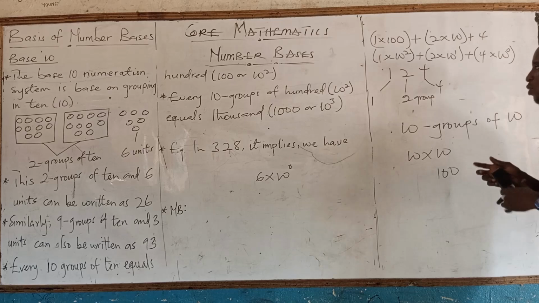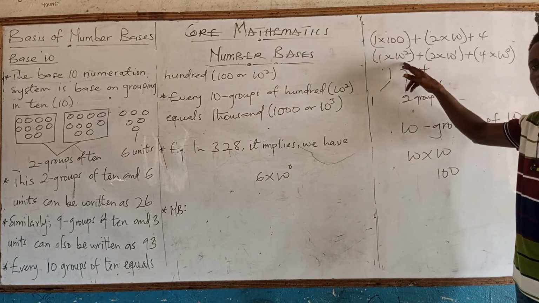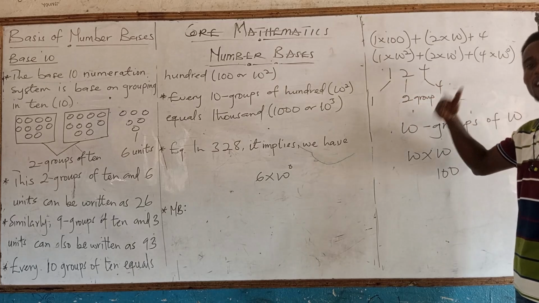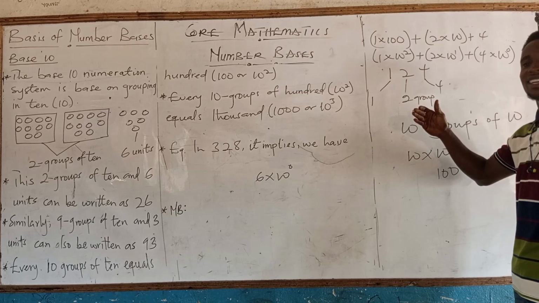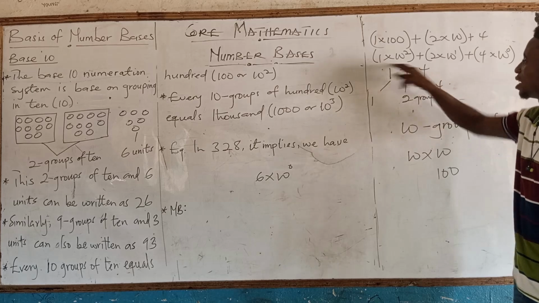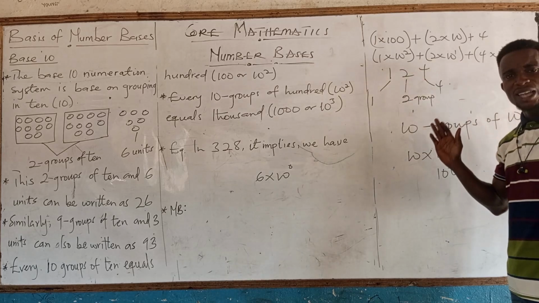Are we getting that? So we can see that we are having the base with decreasing or increasing exponents. Please, are we getting that? So to get 124, this one plus this one plus that one gets us this one. Please, are we getting that?